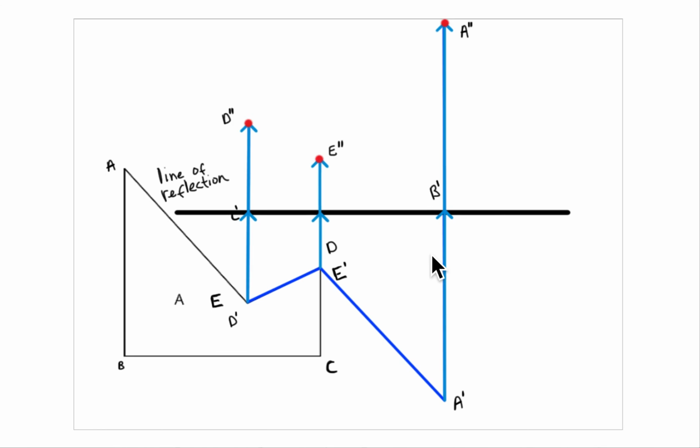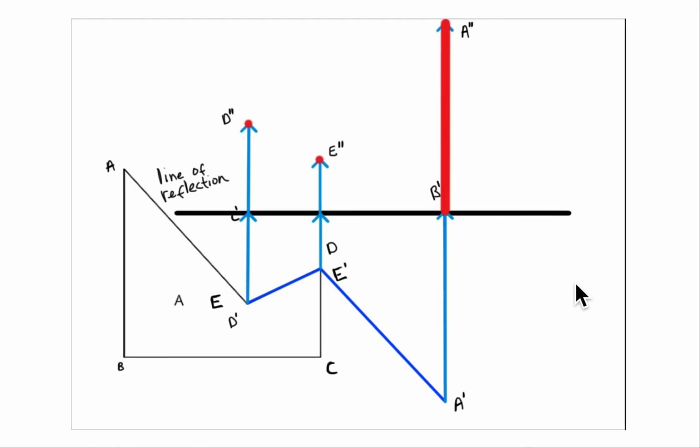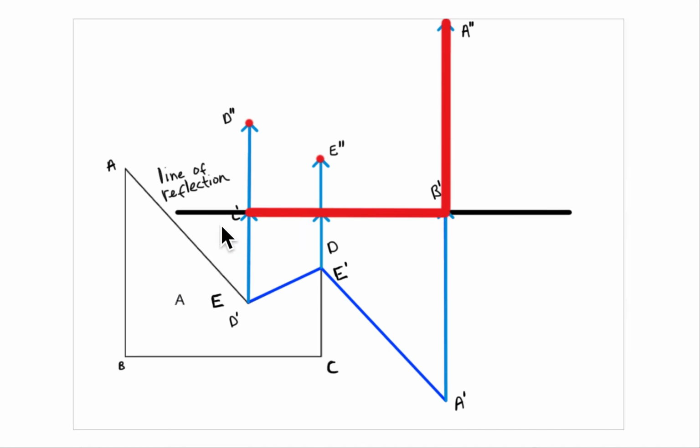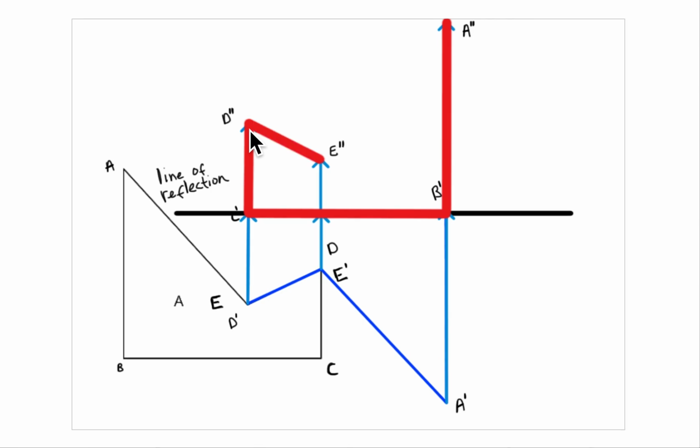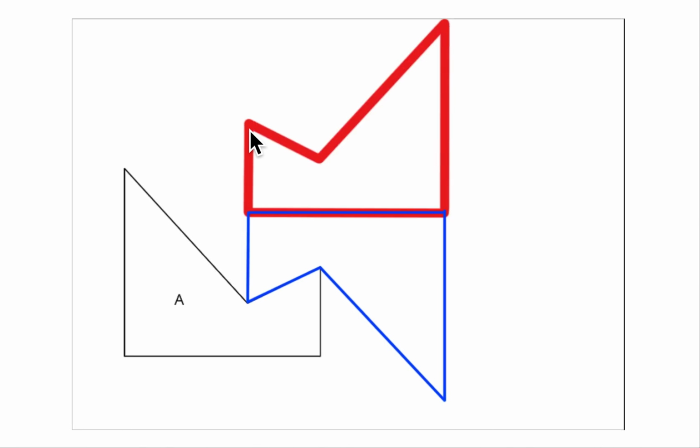Actually, let me see what I did. I even got confused now. So A double prime, E double prime, and D double prime. And C and B are on the line of reflection, so they don't get moved at all. All right, so A double prime to, this should also be B double prime, to C double prime, to D double prime, to E double prime, and back to A double prime.